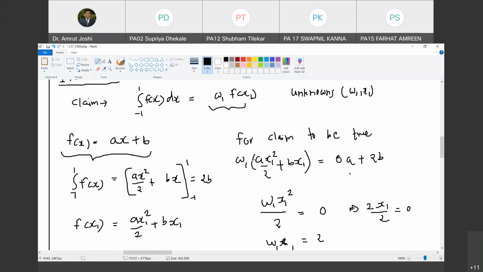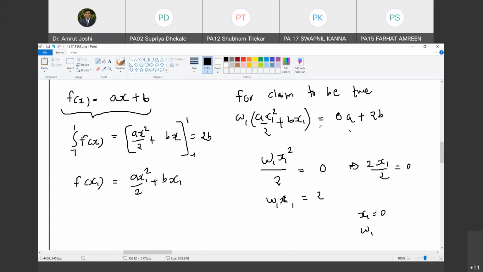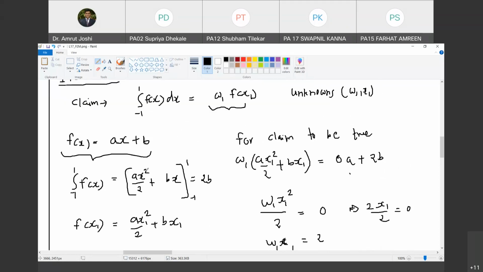What mistake did we make? How does f of x1 come with bx1? The mistake I pointed out, I made myself. For f of x1, I have to substitute x1 here, so it is going to be ax1 plus b. Do you agree with me? Yes. So here we do not need ax1 square into bx; what we need is ax1 plus b. Are you with me?